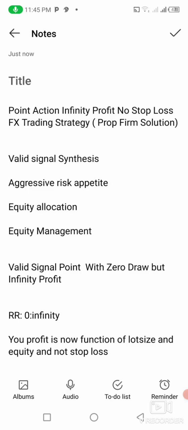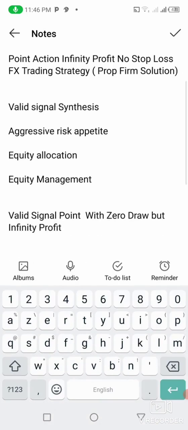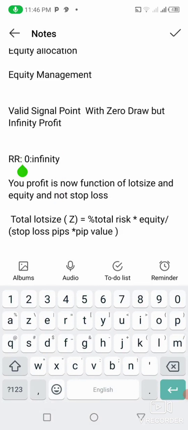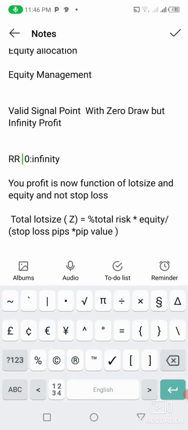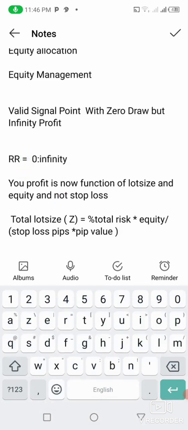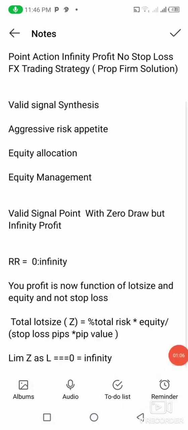Risk reward is equal to 0 is to infinity, meaning that you are risking nothing and you are making infinity profit. Your profit is now a function of loss size and equity, and not the stop loss.